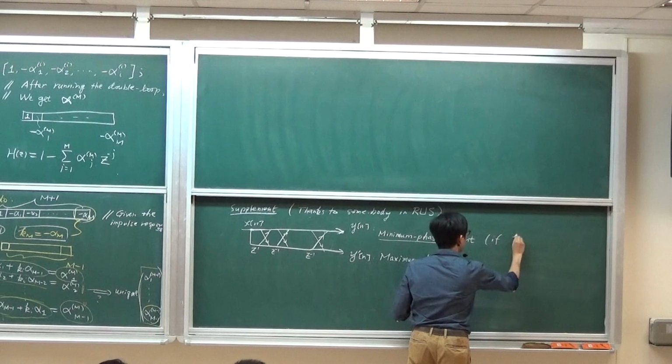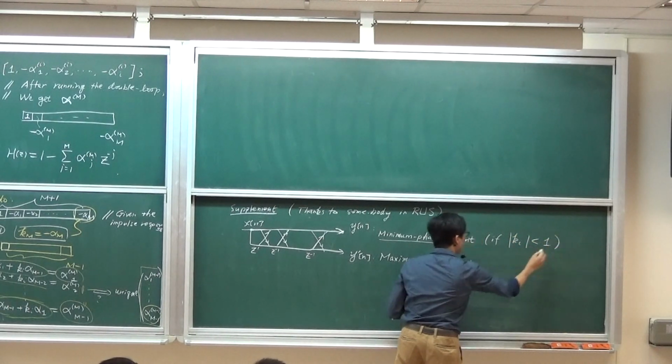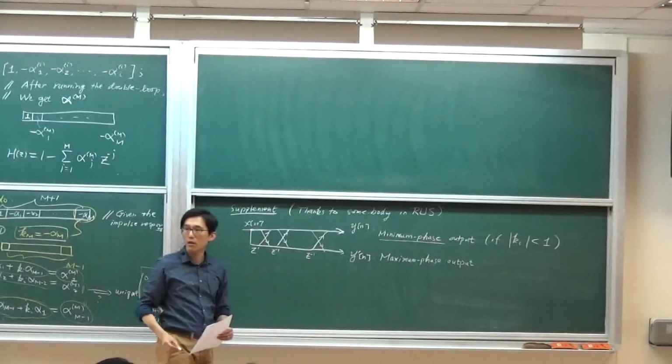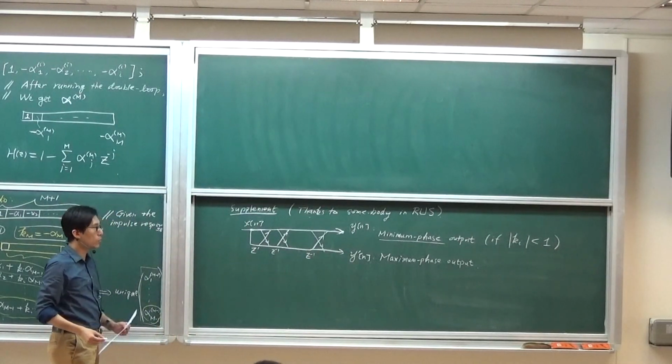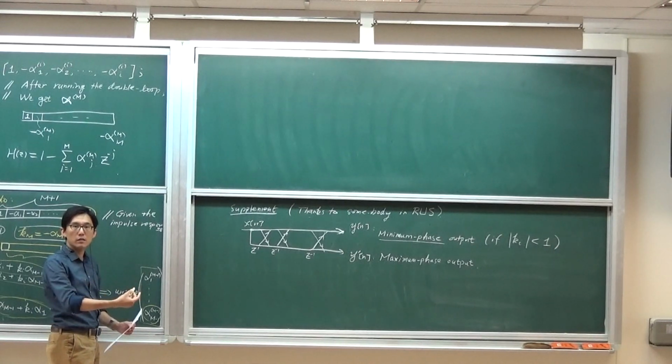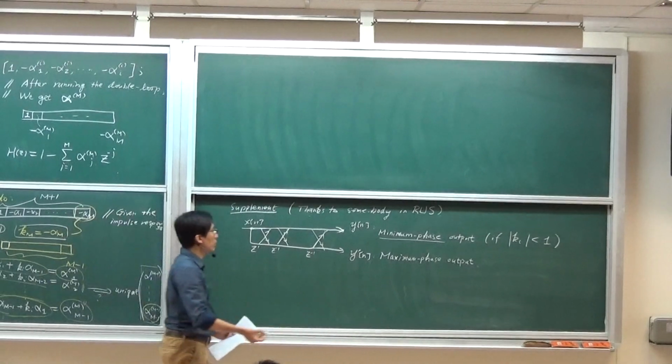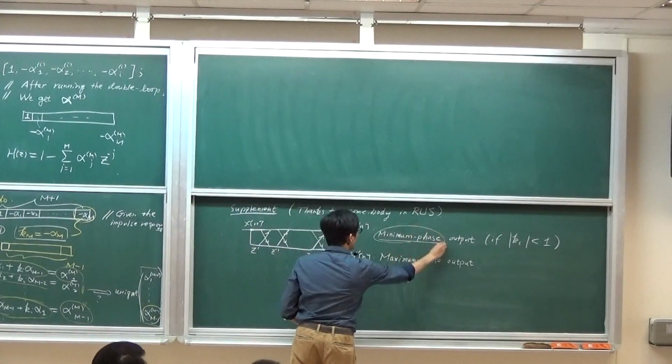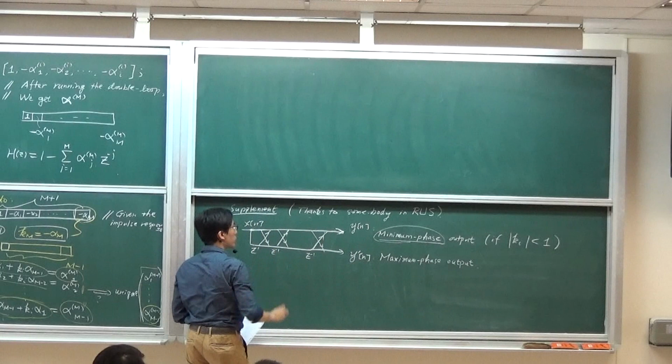if all the coefficients here have an absolute value of less than 1, this is a necessary condition. The relation between output and input is going to be minimum phase.